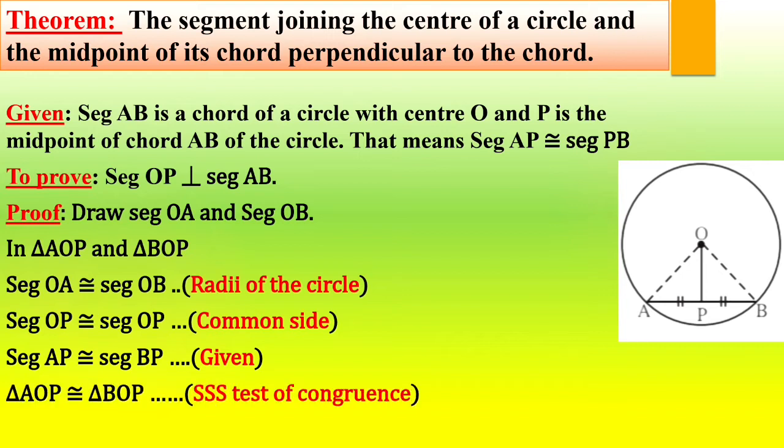So here both the triangle AOP and triangle BOP are congruent by SSS test of congruence. Now here we can say angle OPA is congruent to angle OPB by corresponding angles of congruent triangles. Give the equation number 1.